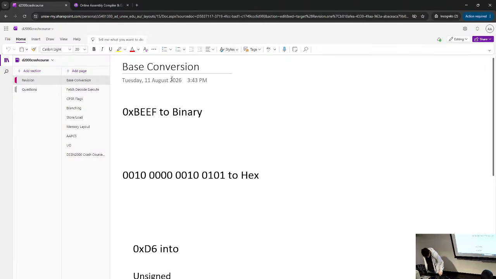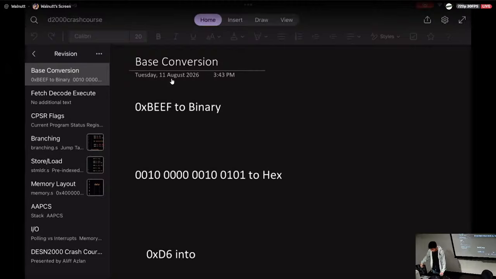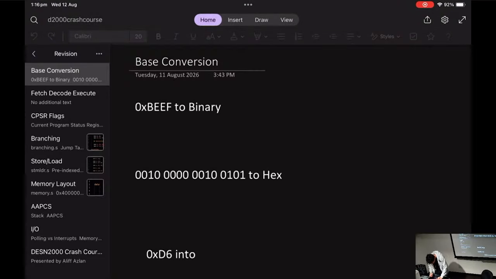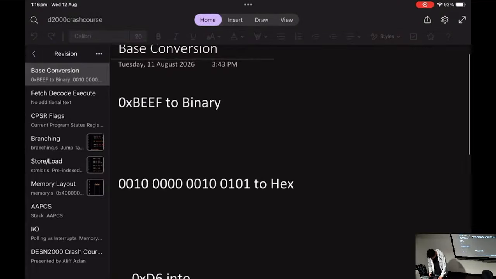So let's switch to... that's not it. All right. When you convert hex to decimal, also hex to binary, there are a couple of ways of doing it.